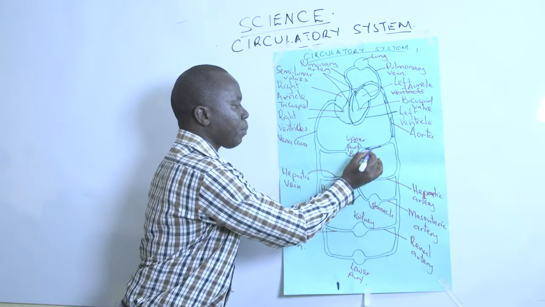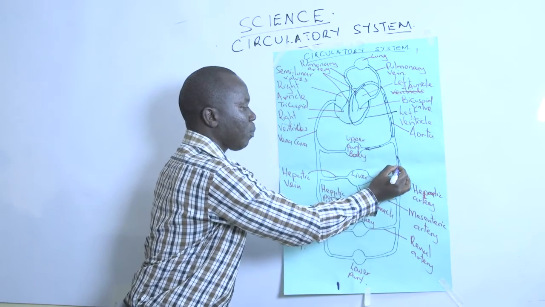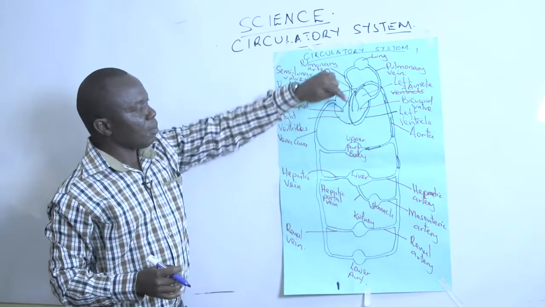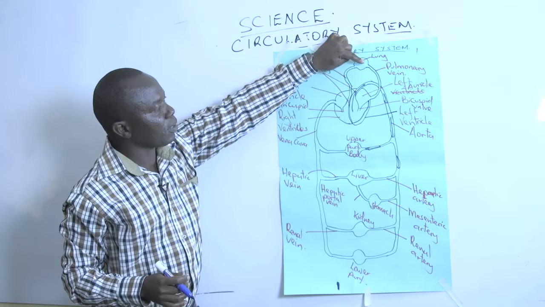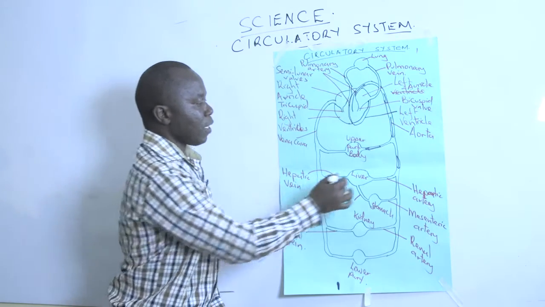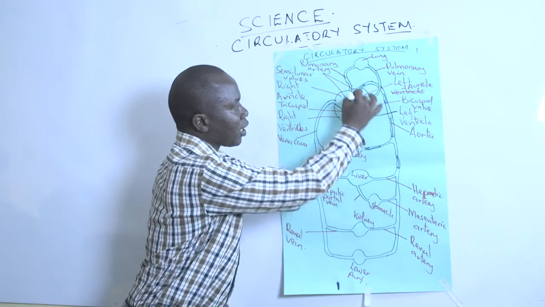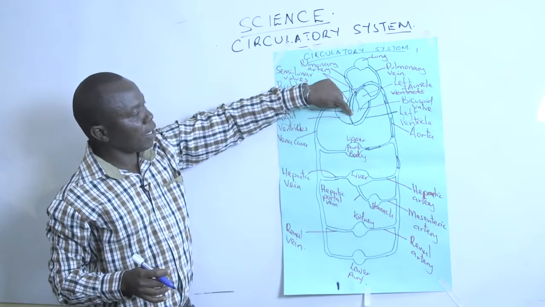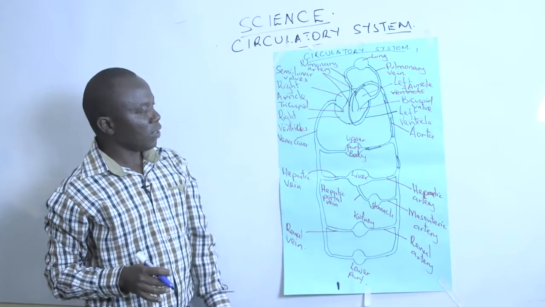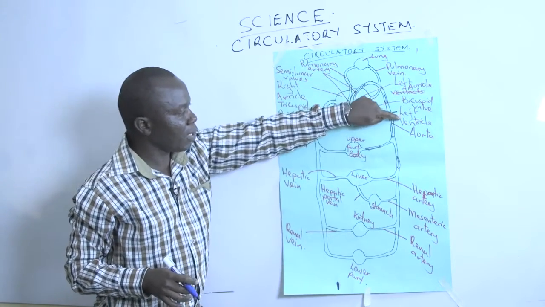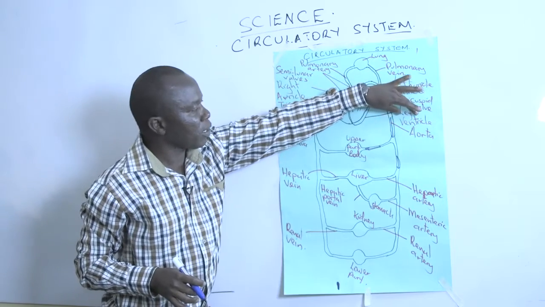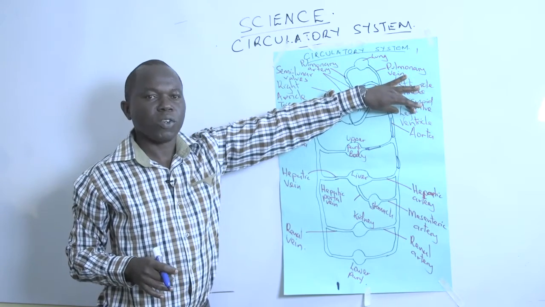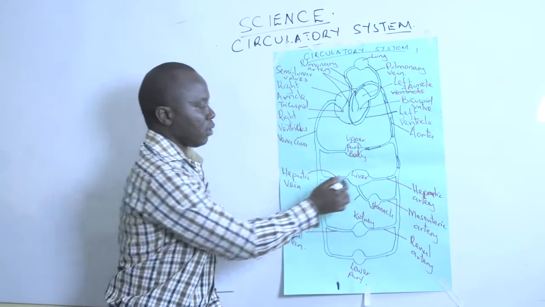It will supply the upper part to the lower part. Remember that blood has come from the lungs, so it has a lot of oxygen. So aorta carries blood away from the left ventricle, and that blood has a high concentration of oxygen.